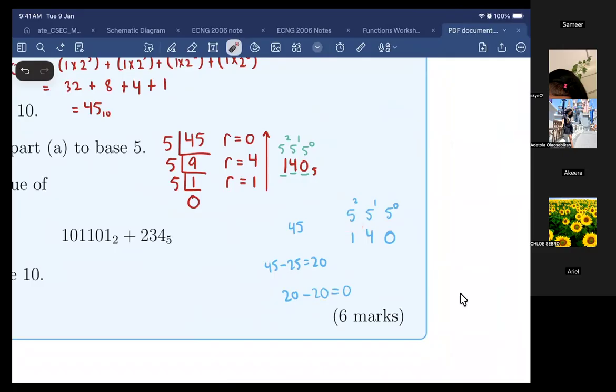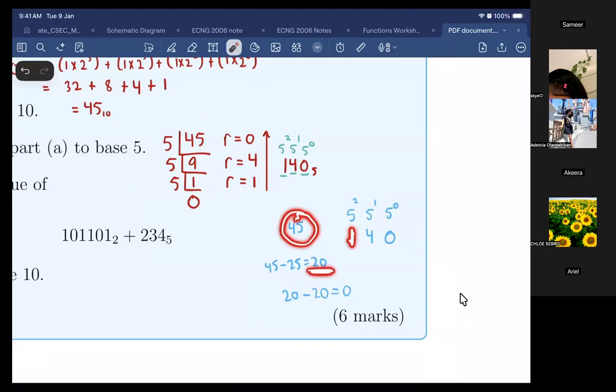You're going to ask yourself, 5 to the power 2 is what, Chloe? Tell me, what's 5 to the power 2? 25. Yeah, 25. How many times does 25 go into 45? 1. What's the remainder? What's 45 minus 25? 20.